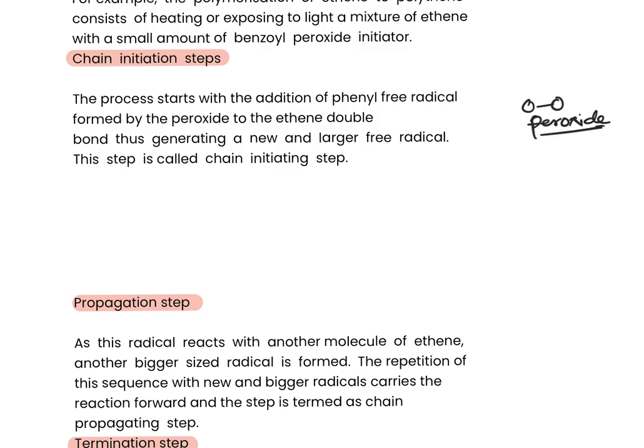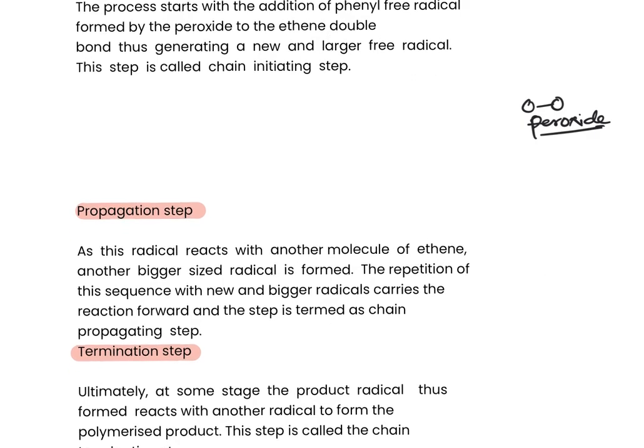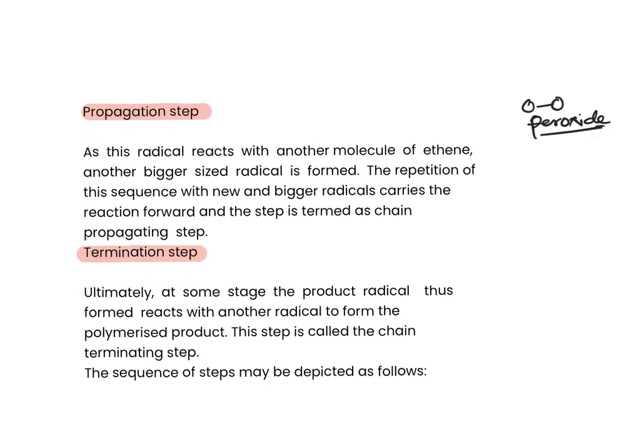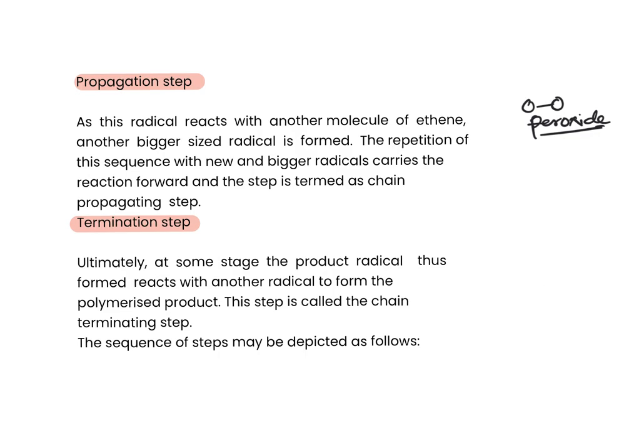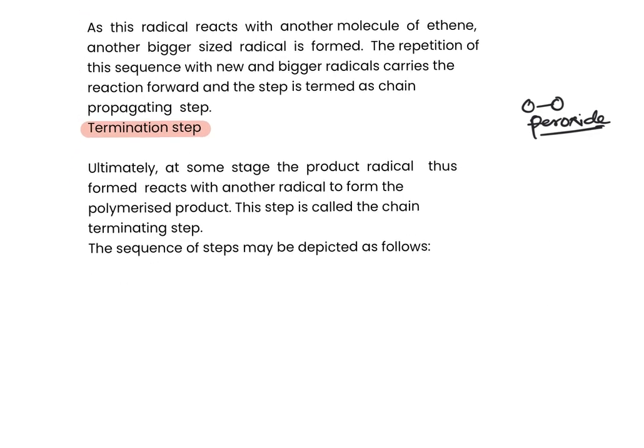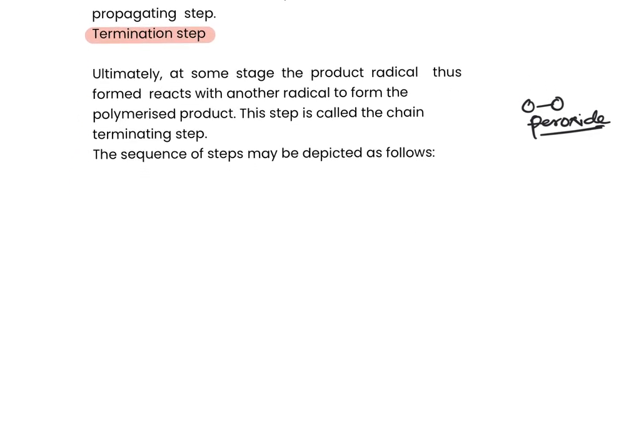The process starts with the addition of a phenyl free radical. You just read that sentence; I will give the explanation with equations. Then the propagation step, then the termination step. Now I will explain these sentences with the equations.